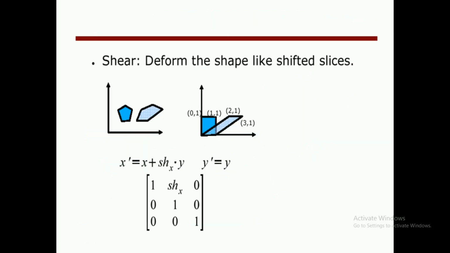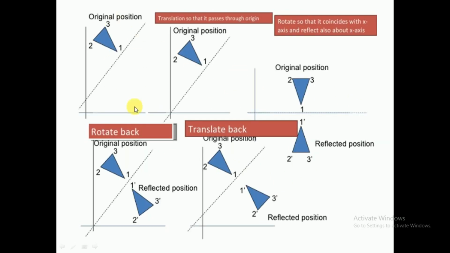This is again an affine transformation in homogeneous coordinates, a composition of matrices: first the original matrix, then the translation matrix, then the rotation matrix, then the reflection matrix, then the re-rotation matrix, then the retranslation matrix. If you multiply all, you will get the resultant matrix. Take it as an assignment and calculate the equivalent matrix for this type of reflection. Right? This is an affine or composite transformation.